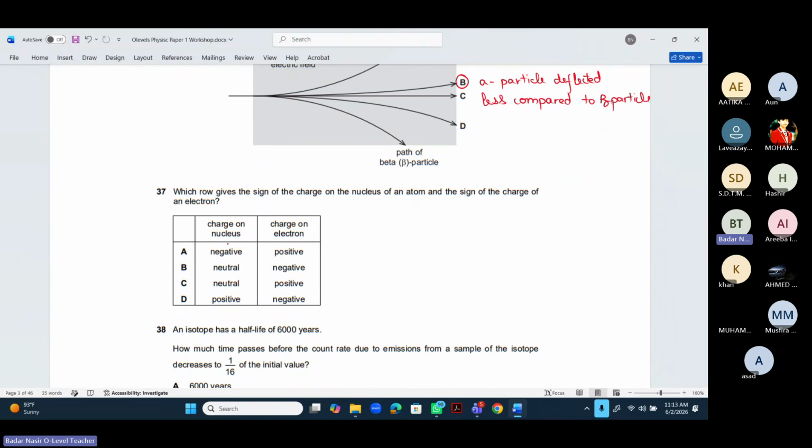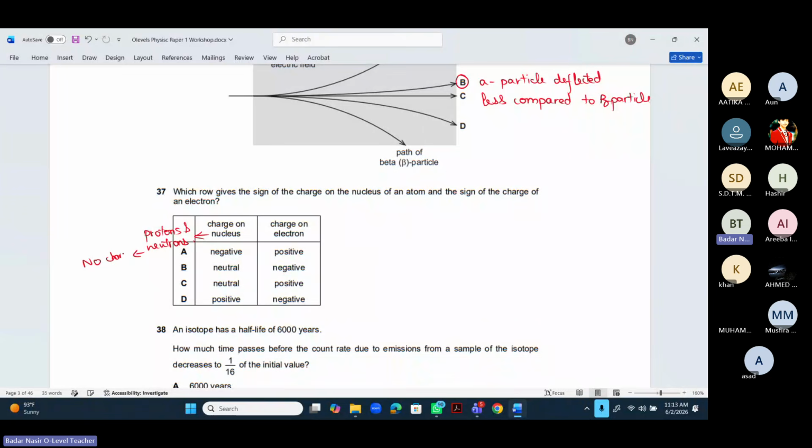So हमारे पास न्यूक्लियस पे क्या चार्ज होता है? ठीक है, overall charge on a nucleus is positive because nucleus contains protons and neutrons, neutrons carry no charge, but the protons have positive charge, and the electrons carry a negative charge.